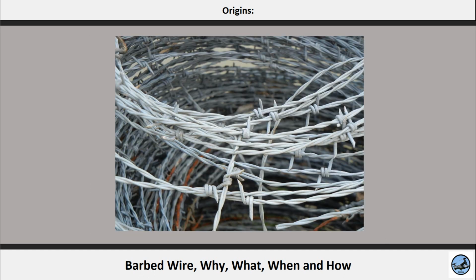As barbed wire provided an inexpensive method to control the movement of cattle, it soon became a very profitable business. And soon, most of the agricultural lands in the US were fenced by barbed wire.